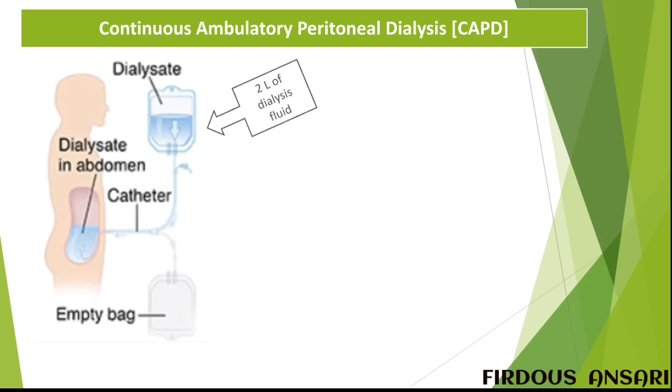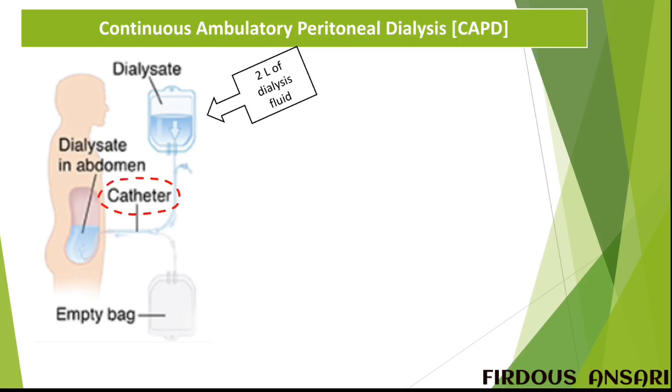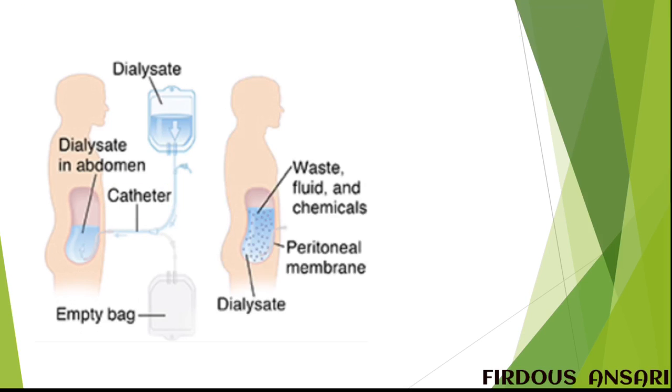So here, about 2 liters of dialysis fluid is instilled into the peritoneal cavity of the patient through a surgically placed resident catheter. The main objective is to remove accumulated urea and other metabolic waste in the body.